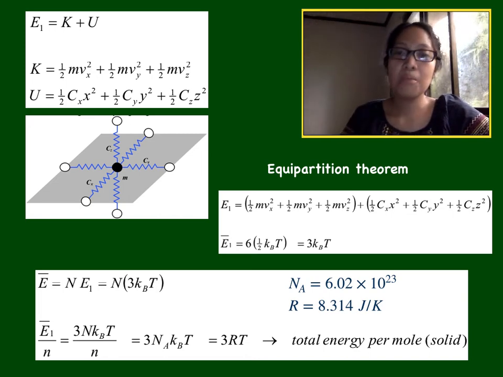What is a mole? A mole is the same number of particles found in 12 grams of carbon 12. Avogadro's number is 6.02 times 10 to the 23, and R is the gas constant, equal to 8.314 joule per mole Kelvin.